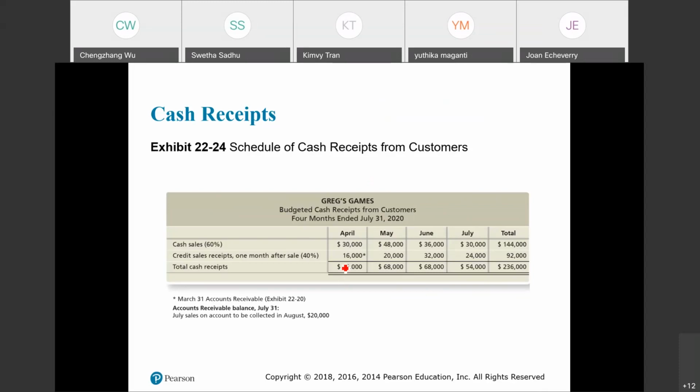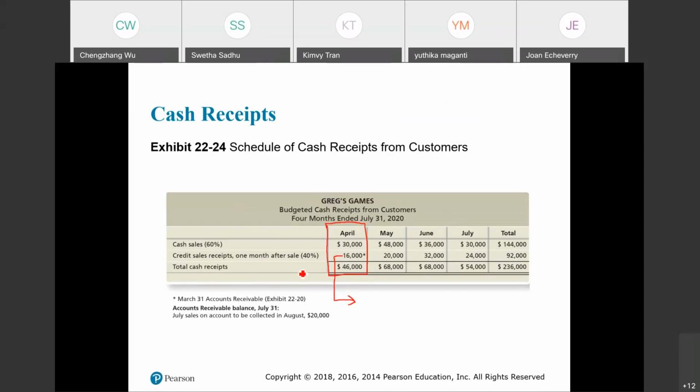So let's take a look at the case in April. All right. This number, 16,000, should be 40% of the previous month.